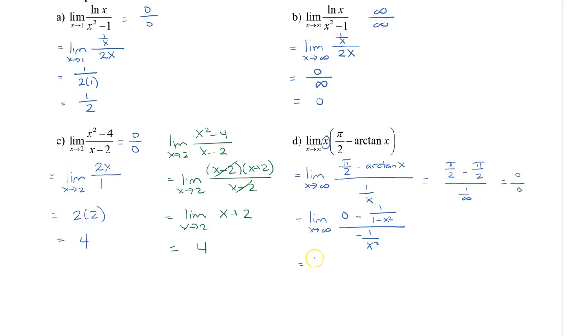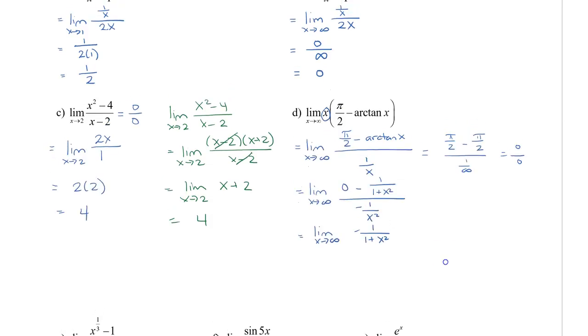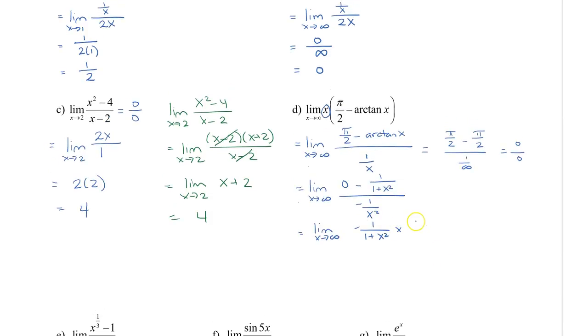All right, so I'm going to spread this out. So this will be negative 1 over 1 plus x squared. We're supposed to divide by negative 1 over x squared, but let's skip a step and multiply by negative x squared over 1. So this becomes positive. So we get x squared over 1 plus x squared.